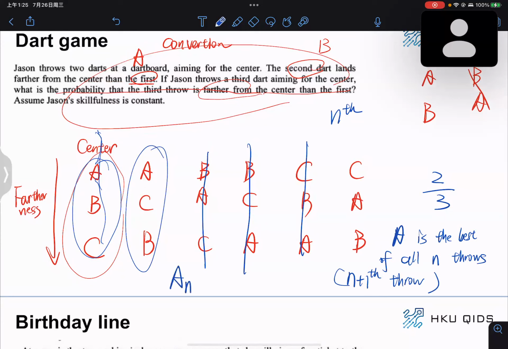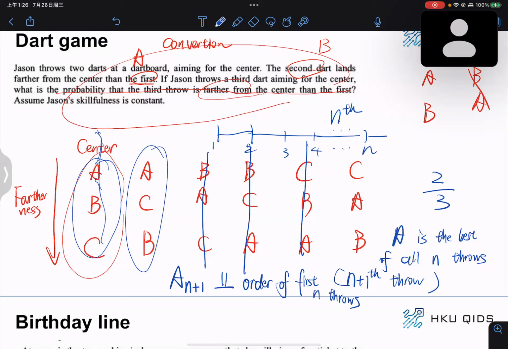So this event is independent of the order of the first n throws, which means we are just trying to place, let's say there are 1, 2, 3, 4, all the way to n. And in total, how many intervals are there? If there is n+1 throws, there are in total n+1 intervals, right?